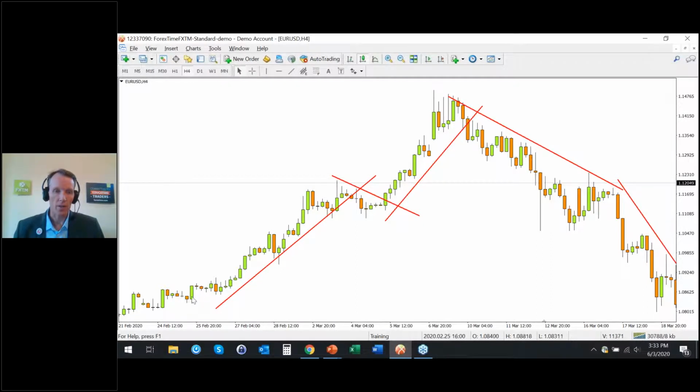If I look at this structure here, what I might see is a higher top, a higher bottom, a higher top, higher top there. There was not a nice pullback there, and then a higher bottom as well.